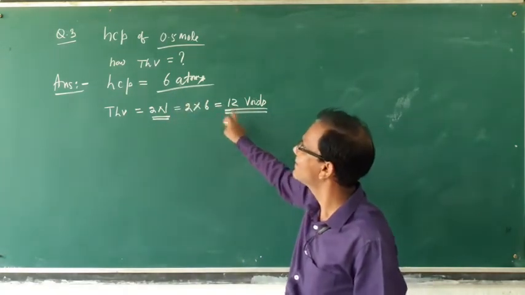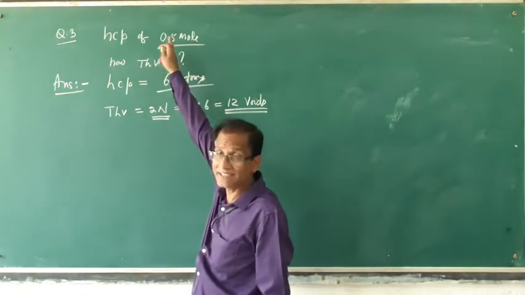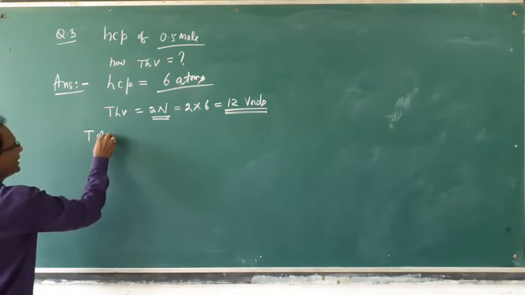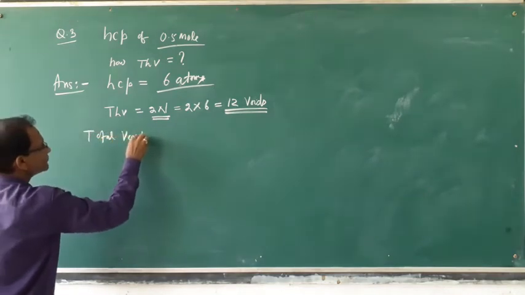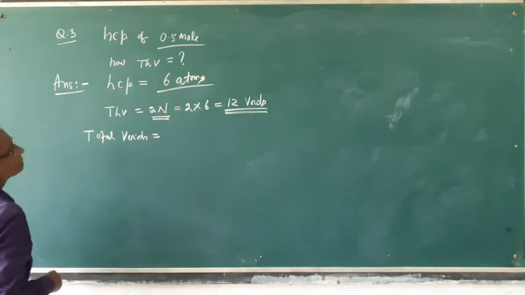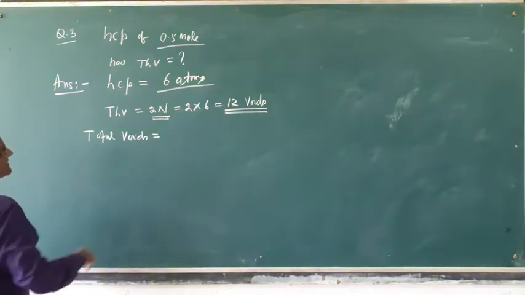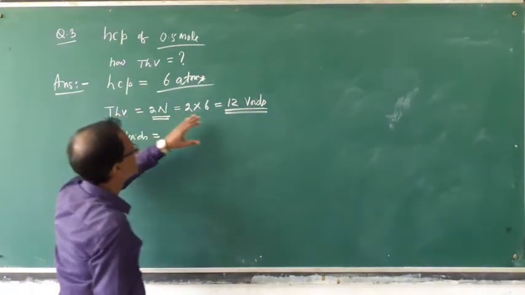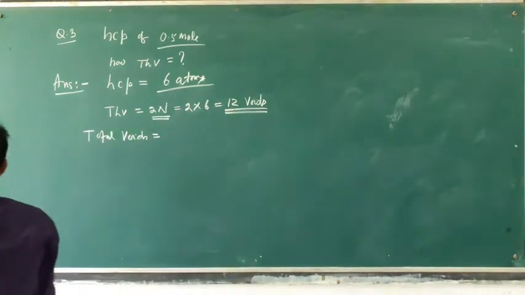These voids are tetrahedral voids. But the question is given as 0.5 mole. So what will the total voids be? For 6 atoms, the total number of voids is 12.